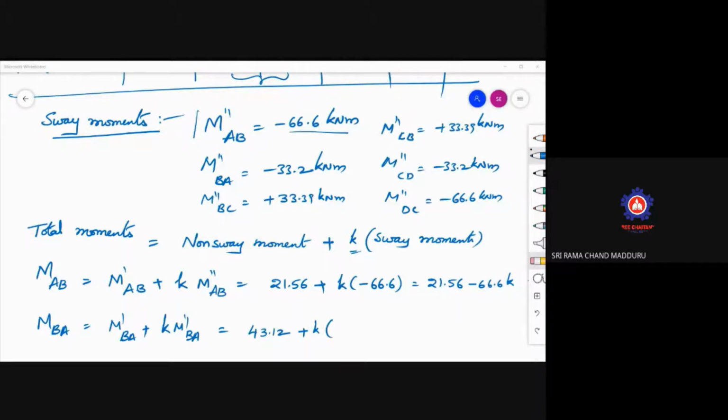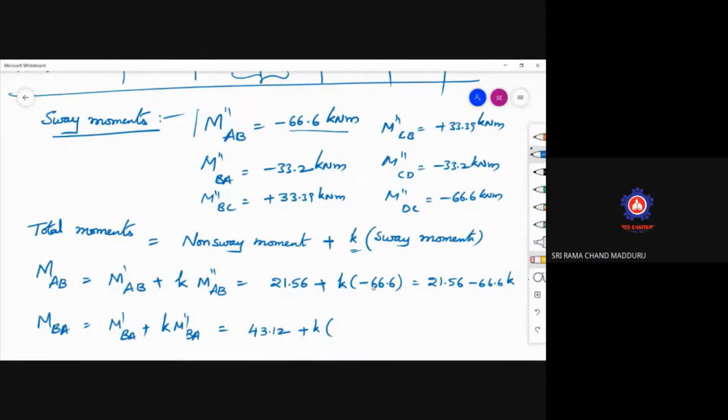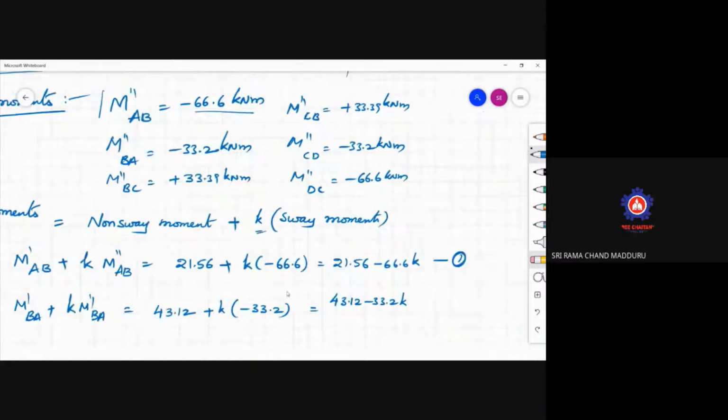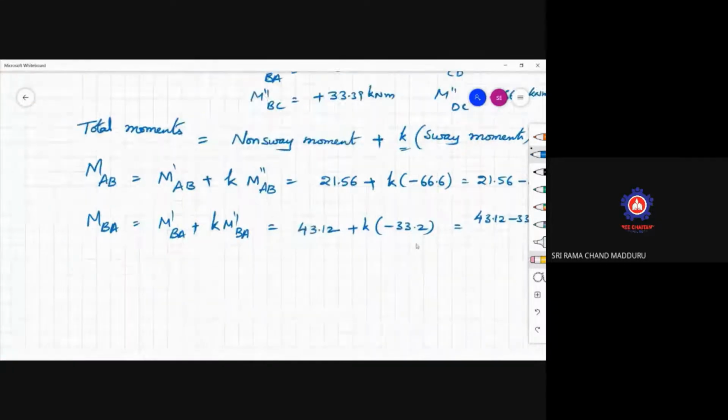What is the moment we got here? Oh, sorry, minus 33.2. And the value here is 43.12 minus 33.2 into K. So keep that as equation number 2. Now continue further.